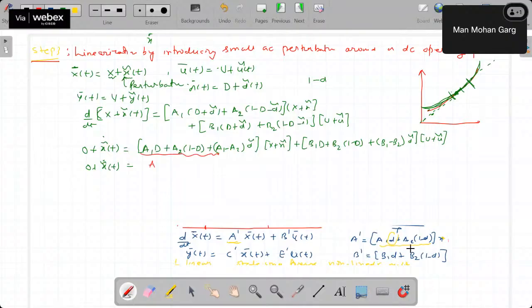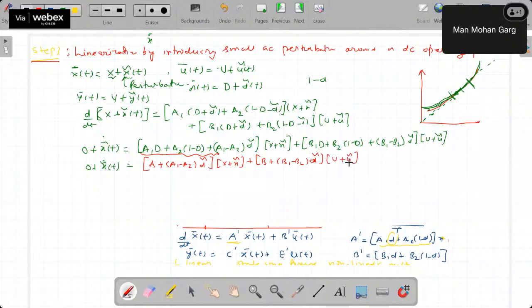So A plus (A1 minus A2) d cap times (X plus x tilde), plus B plus (B1 minus B2) d tilde times (U plus U tilde).